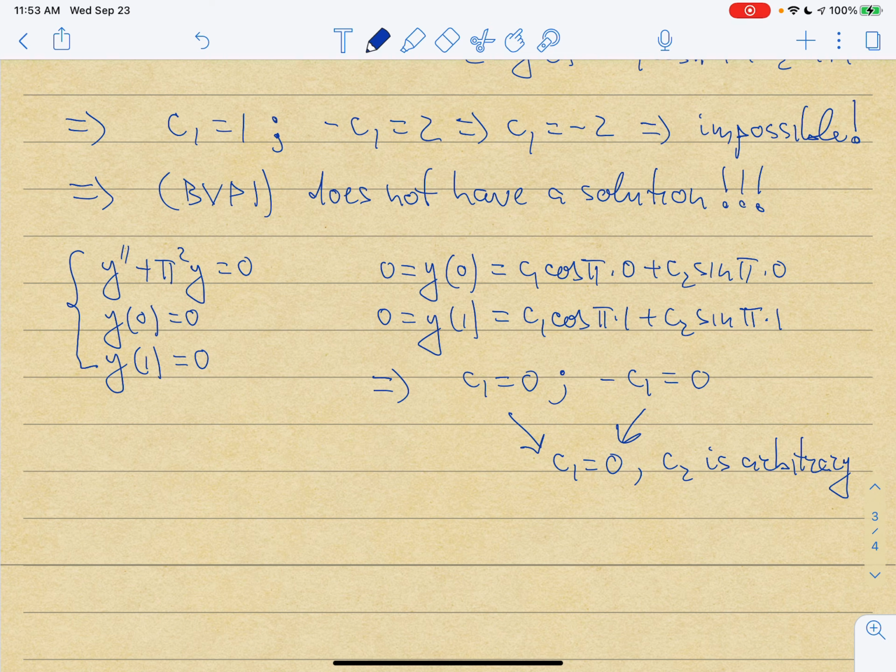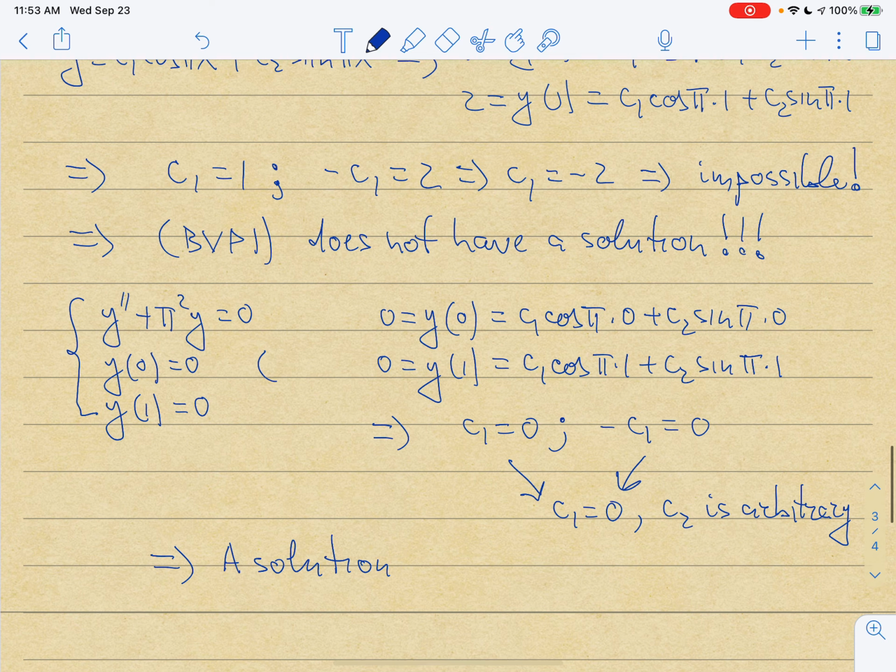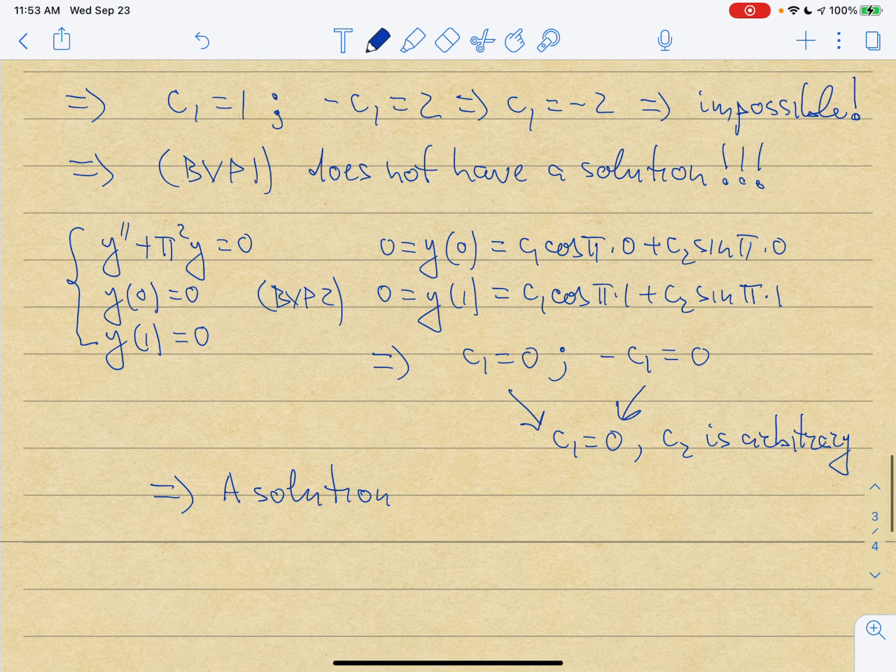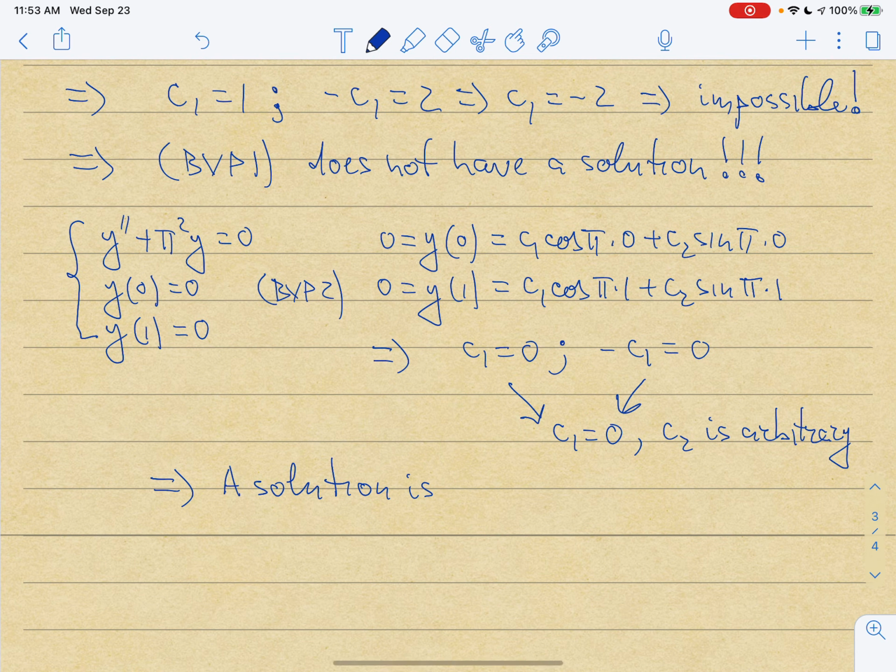And so then we conclude that a solution to this BVP2 is what?